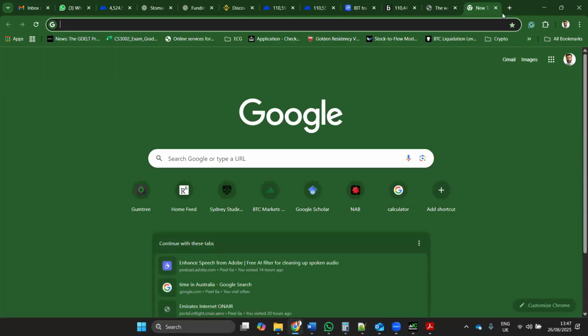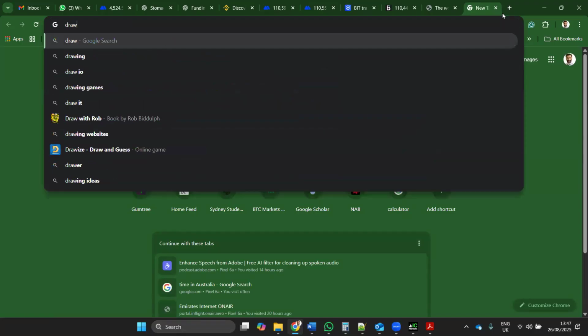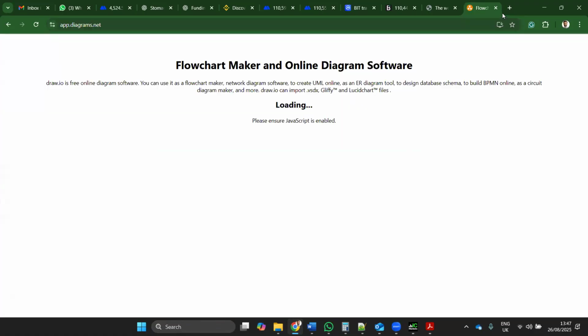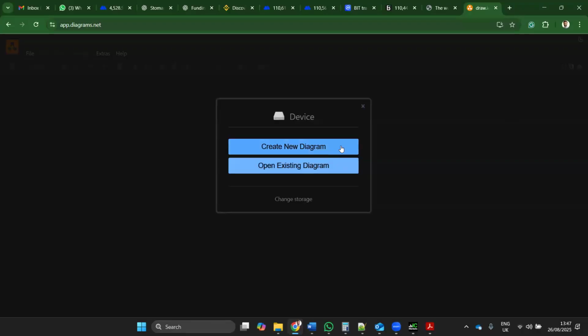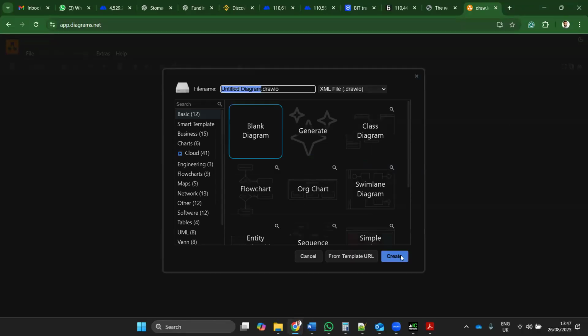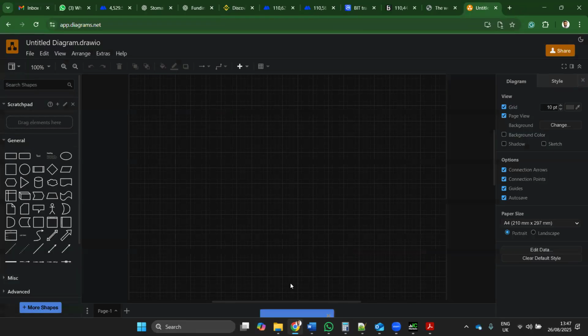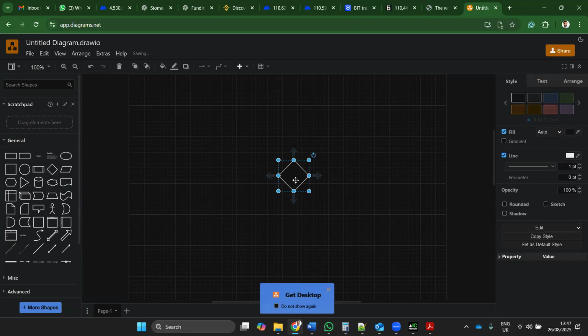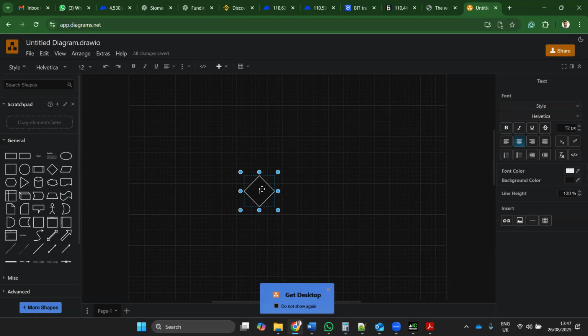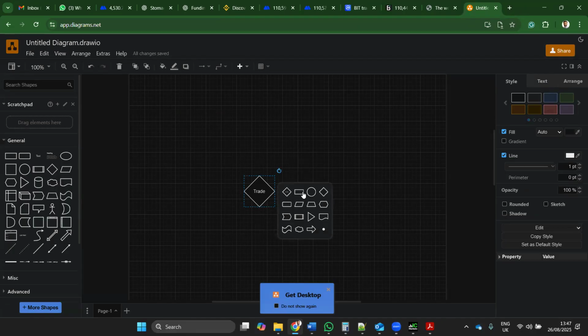So maybe we can draw it. Basically, when you issue the trade, it comes in. So now you have two options.